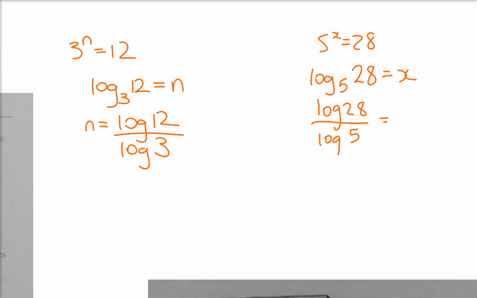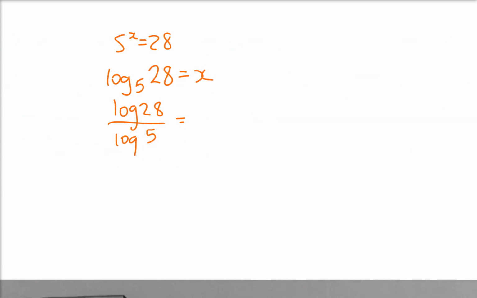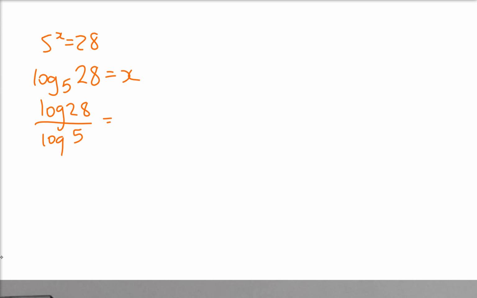Okay. Now the only other questions that get a little bit harder are where we start to go, well actually let's do a real tricky one: 2 to the power of 2x plus 3 equals 42.